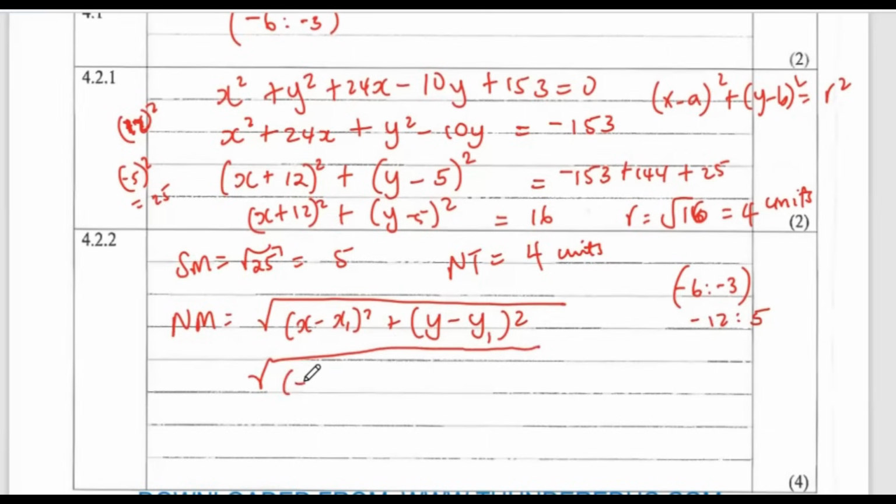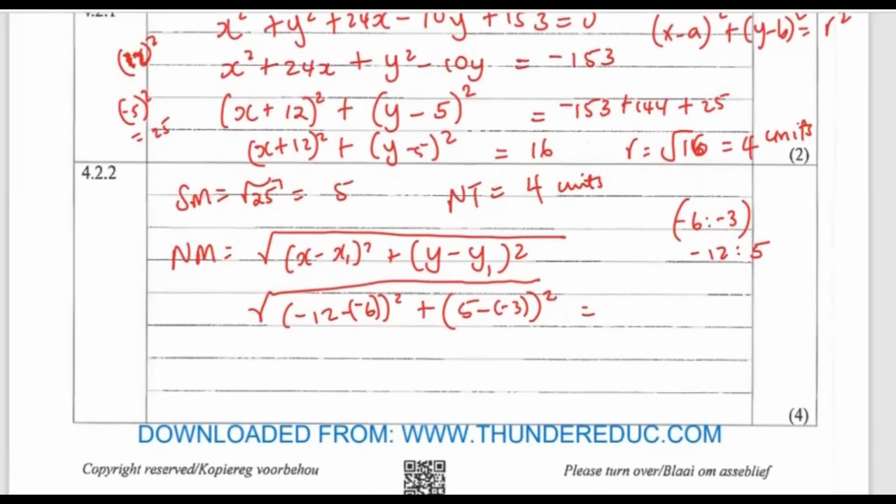I'm going to have negative 12 minus negative 6 squared plus negative 5 minus negative 3 squared. Put this in brackets, please. Then when I punch that into my calculator, I'm getting the square root of 36 plus 64, and then that is giving me 10.